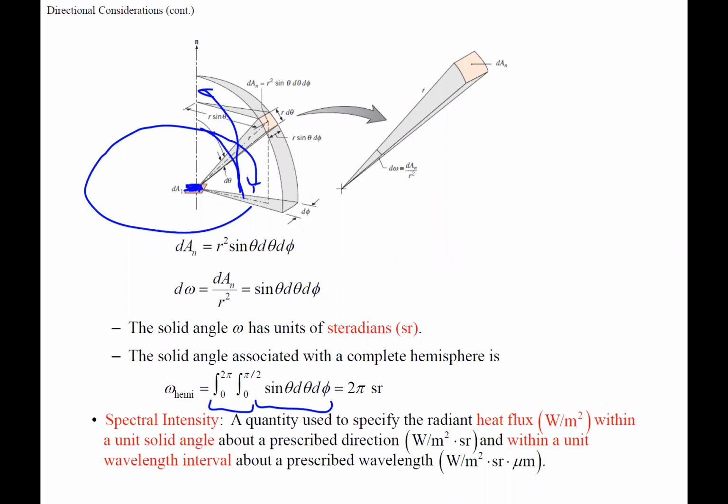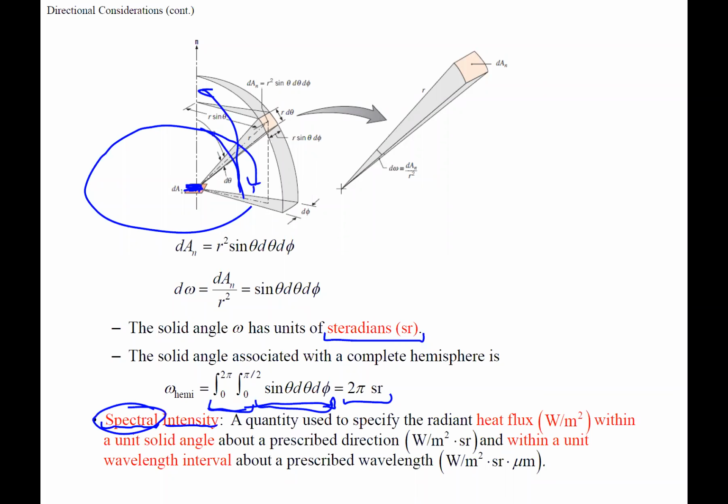They created steradians for a hemisphere. And if we look at those angles that we're integrating over, that ends up just being 2 pi steradians.